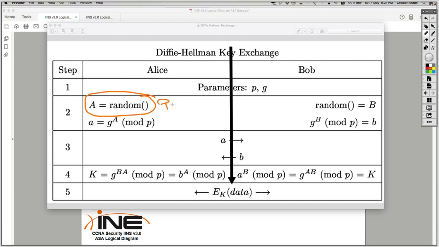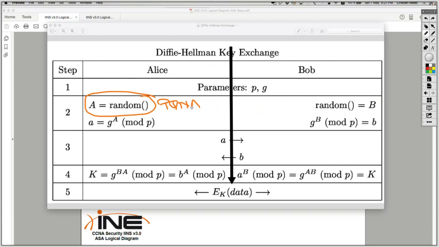This is the private key of Alice. And B here is the private key of Bob, the other VPN gateway. So they locally choose those numbers. They don't send those numbers over the wire. Each of them has a different private number.